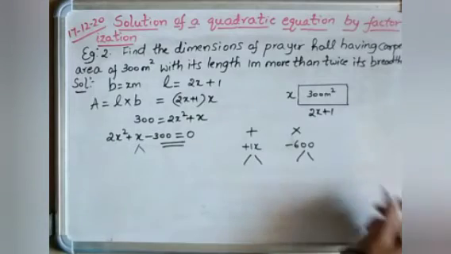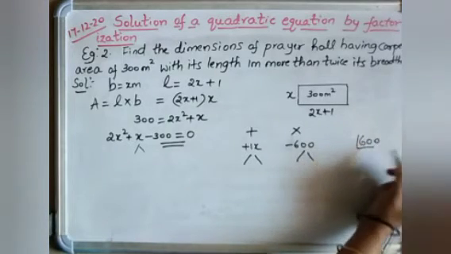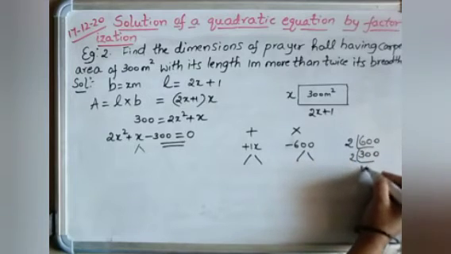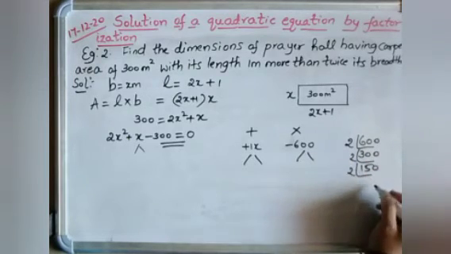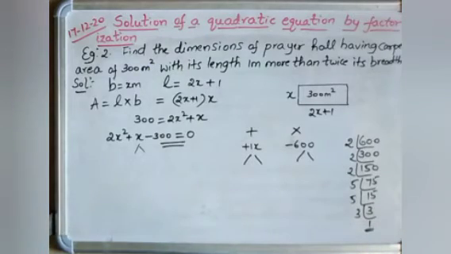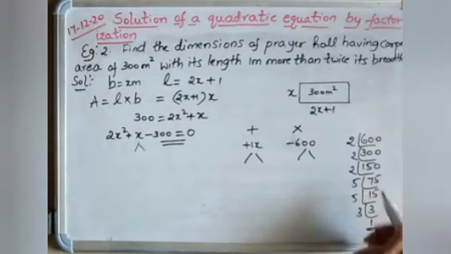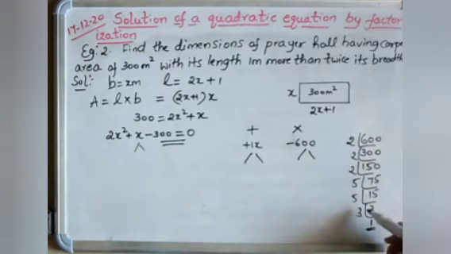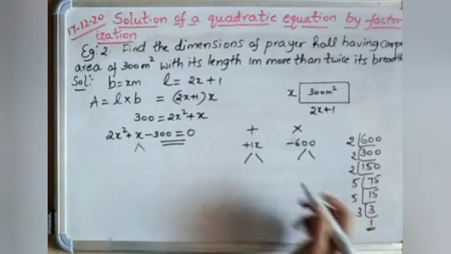Let's see. We have to take the LCM, that is 2, 300; 2, 150; 2 sevens are 75; 5 ones are 5; 5 threes are 3; 1s are. So the numbers are: 2 2s are 4, 4 2s are 8, 8 3s are 24, and 5 5s are 25.